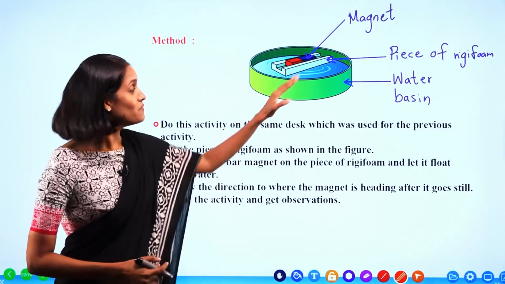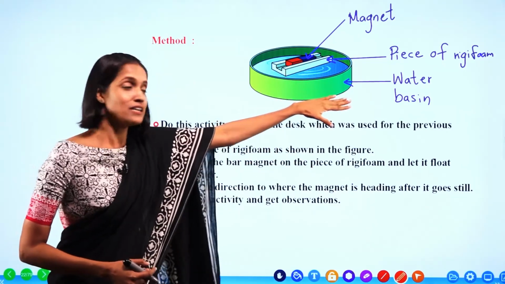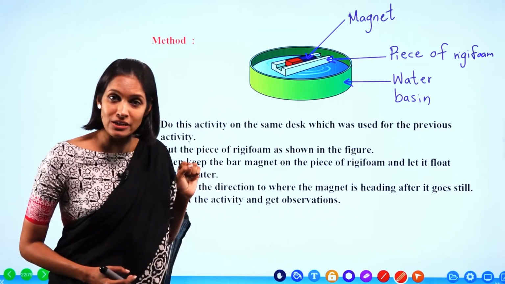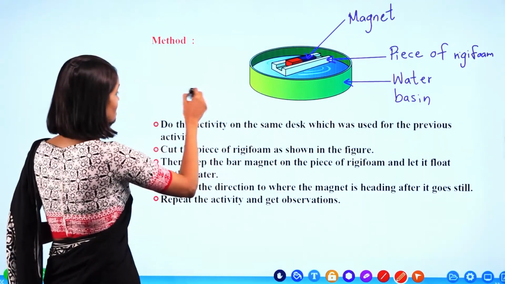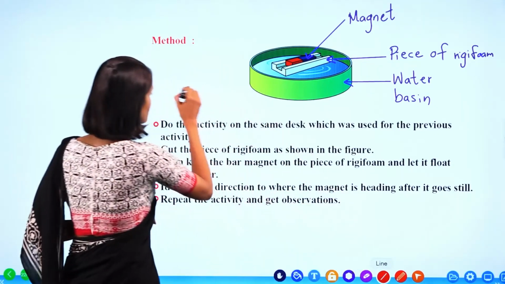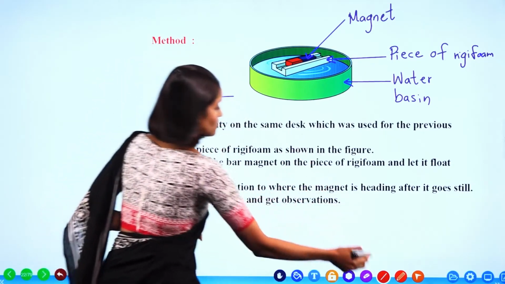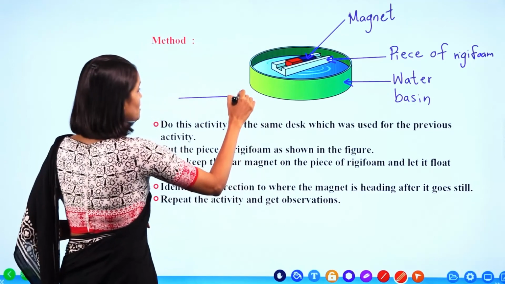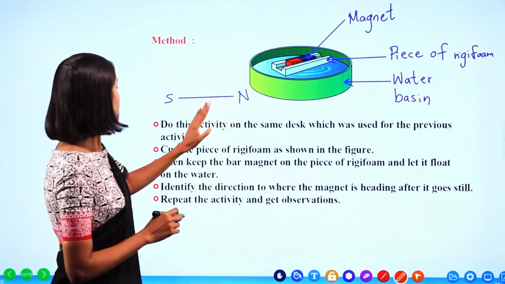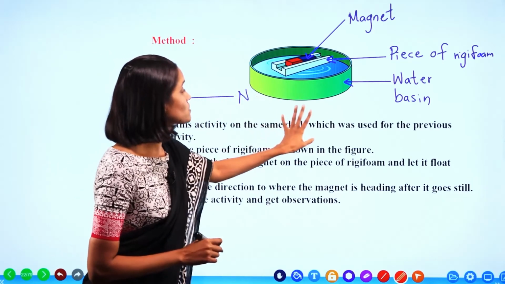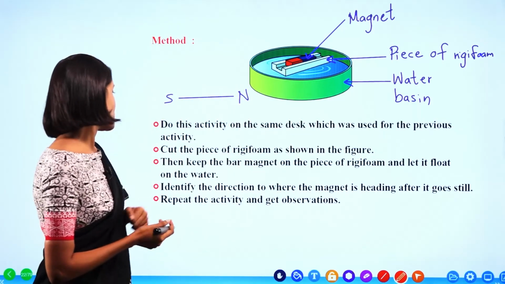Which means we still have to use that table with the north-south directions. Because I don't have space here, I will draw it here. We mark north-south directions on the table like this before. Okay? So do this activity on the same desk which was used for the previous activity.